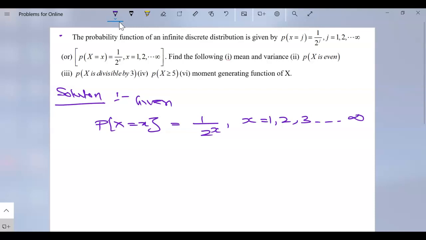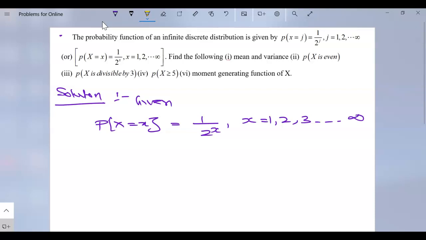If you notice, it is countable: 1, 2, 3. So it is countably infinite. So this is a discrete type random variable, because we have a countable number of values.